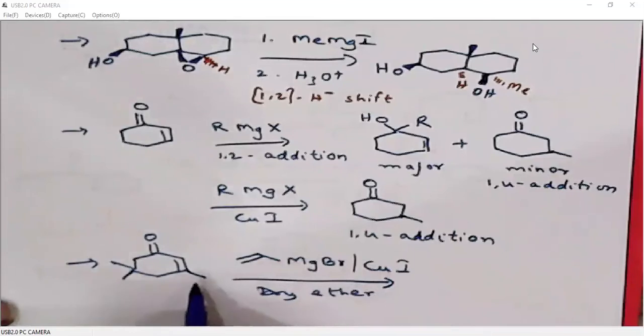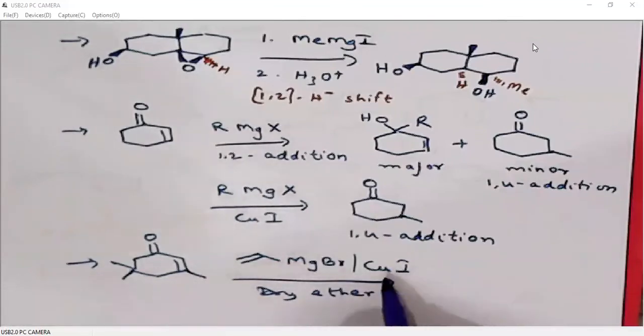Generally when we have substitution on a double bond, this substitution makes the double bond more sterically crowded. So the nucleophile cannot easily approach this double bond. Instead of that, the nucleophile can go for 1,2 addition, right? If you want to have 1,4 addition, this substitution makes it more sterically crowded.